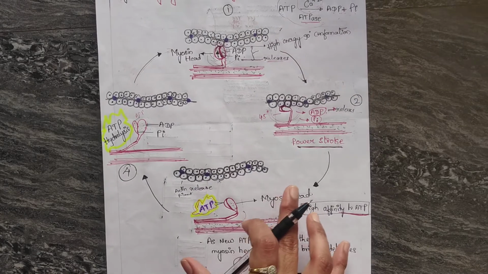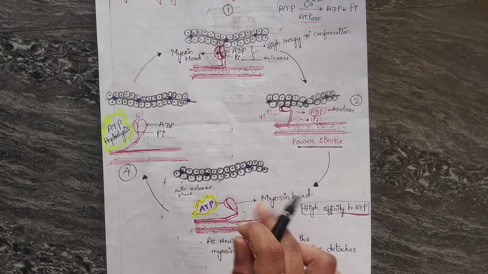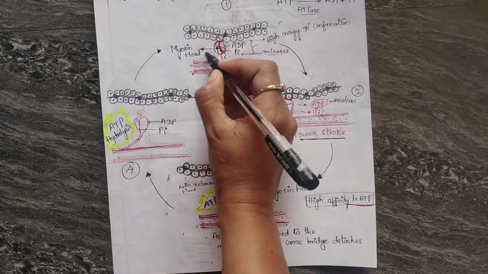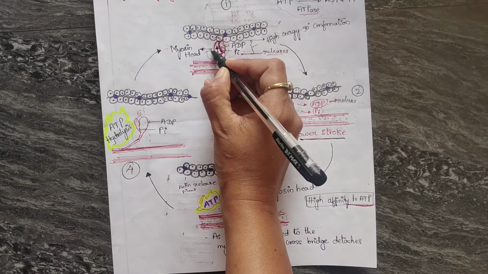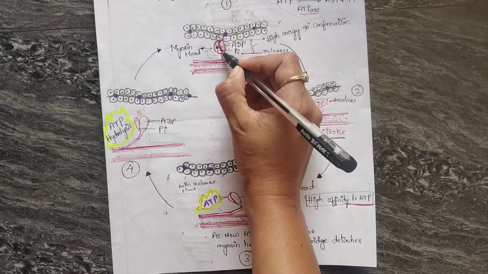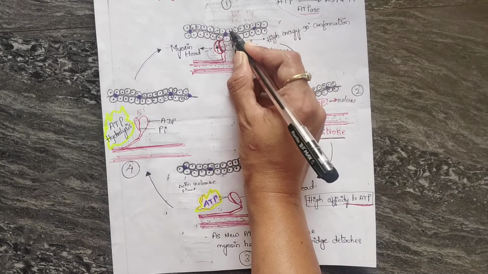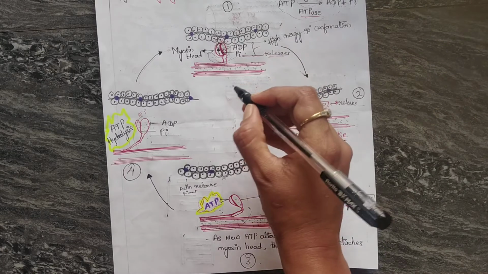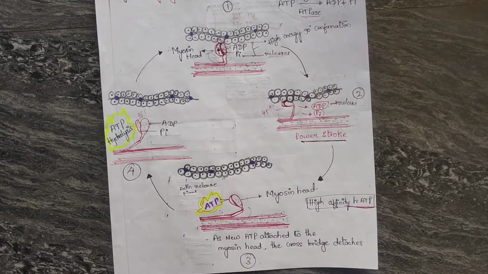Next point here is that the repeated cycle of ATP binding and hydrolysis drives myosin interaction with the actin filament. Each such cycle is called the cross bridge cycle.